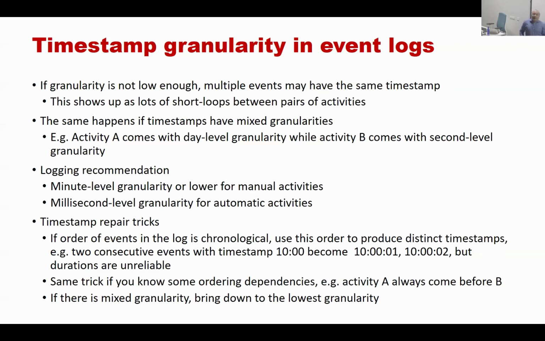Sometimes what we do is that we start adding a sequential number. So you say, emergency room registration, we know it happens before emergency room triage. So next to the timestamp, which is at the granularity of the day in this case, we put a sequential number to say this event has order number 1, and that event has order number 2, and the other one has order number 3.